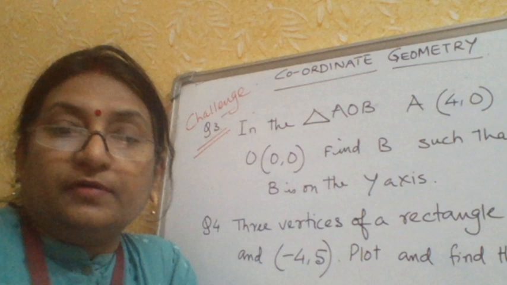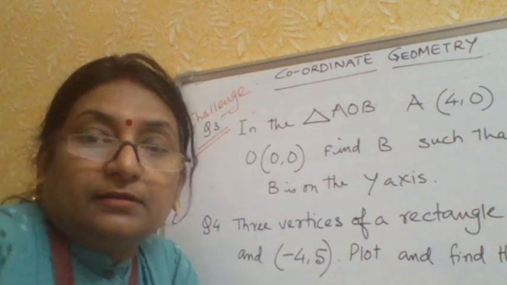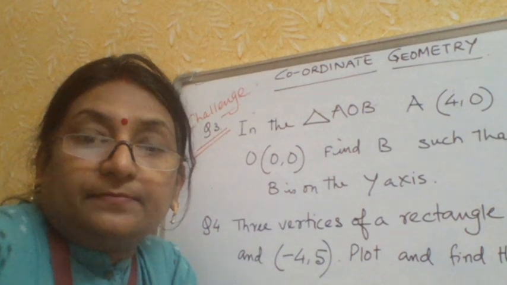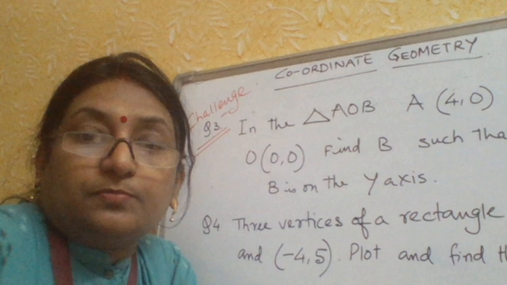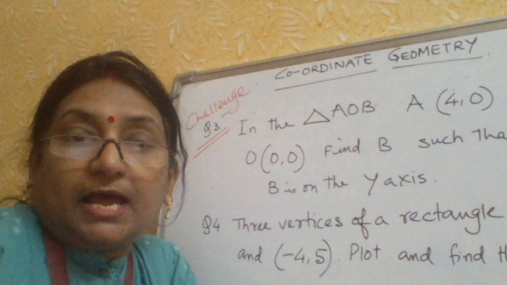Could it be here? No. It will be on the same line as this point and the same here from this point. So this has to be the point. What will be the coordinate of this point? This point will be x is 3 and y is 5.